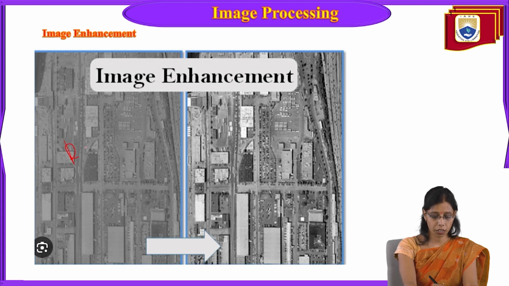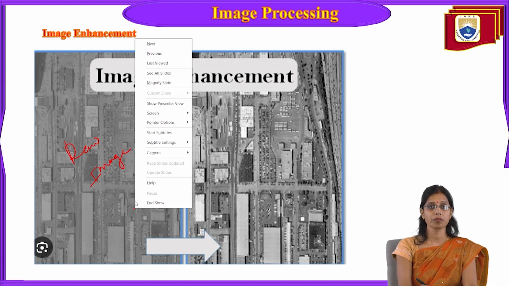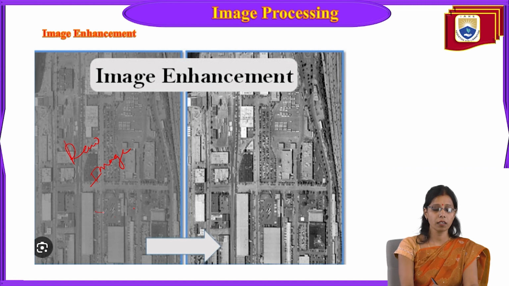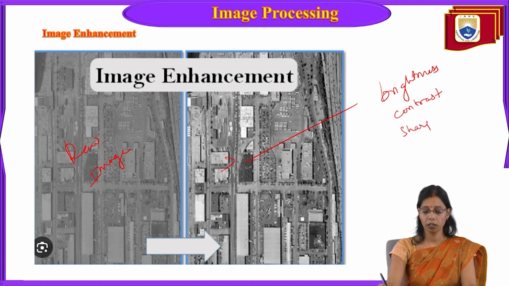This is the raw image. If we see the first image, the clarity of the image is very dull. Once we go with the enhancements, we do brightness, contrast, and sharpening.